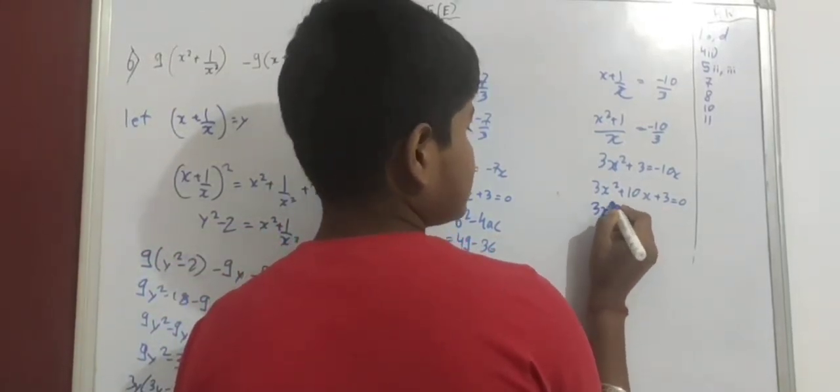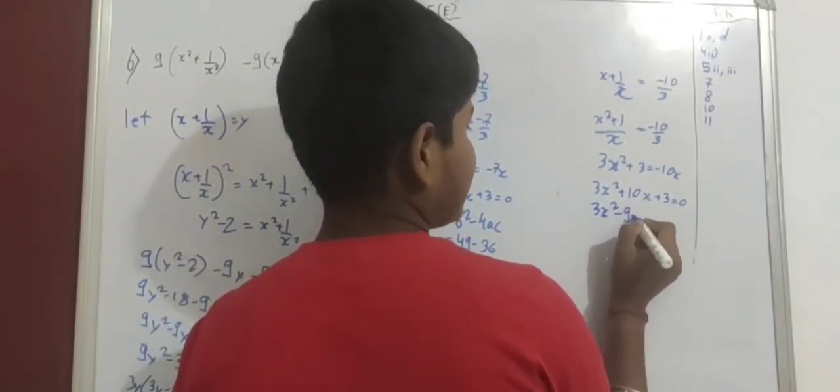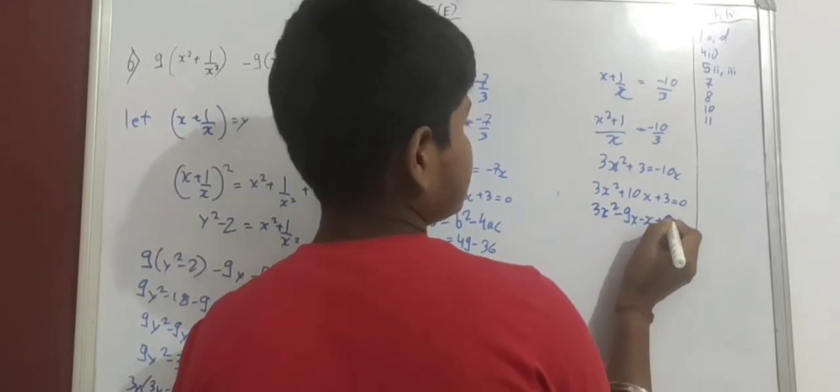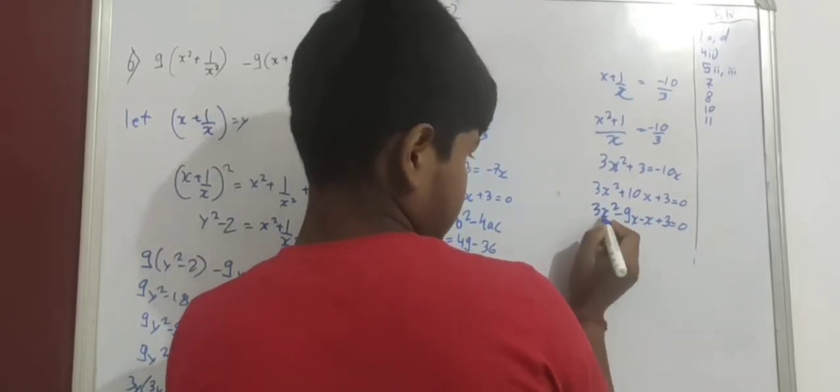You have 3x square minus 9x minus x plus 3 is equals to 0.